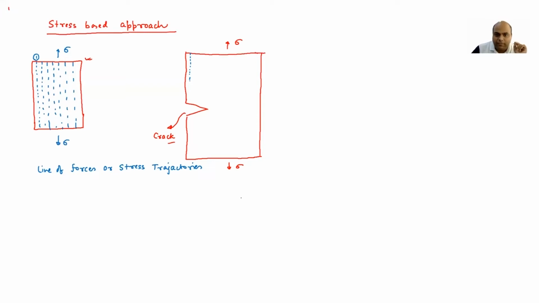Remember, this crack is an empty space, it's air, so it cannot sustain any load, right? So all these trajectories, as soon as they see the presence of a crack or porosity, some voids in the material, and we know that they cannot take load, so they are going to deviate, right? So you are going to see the line of forces becoming something like this.